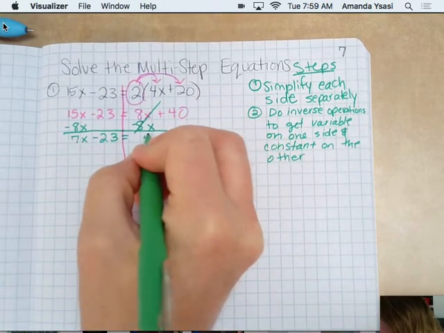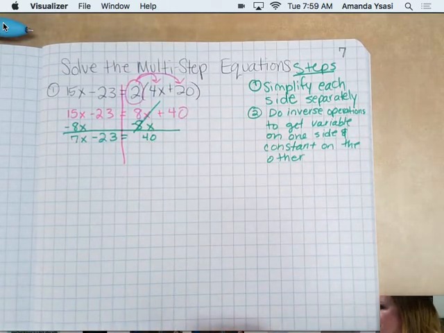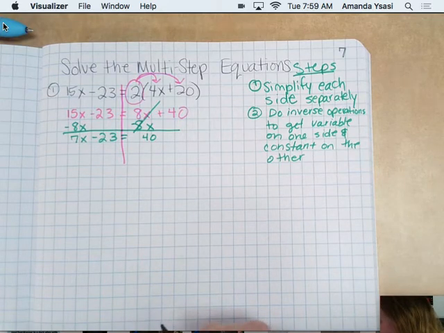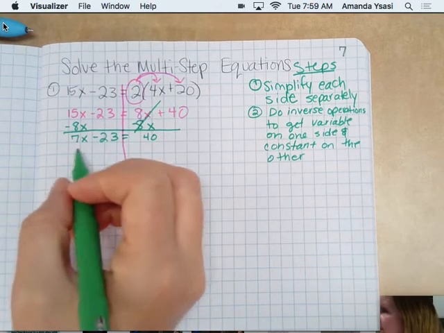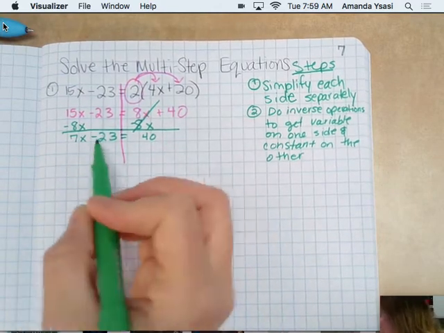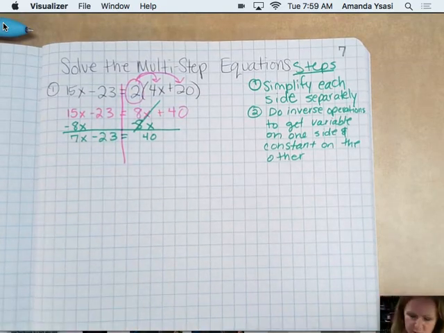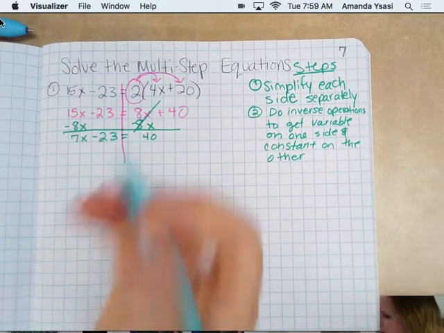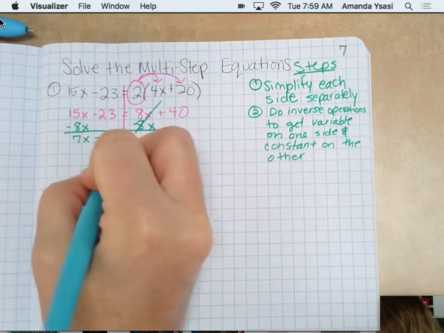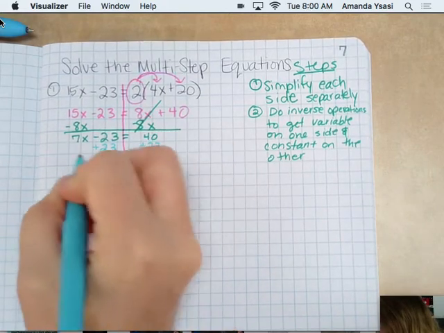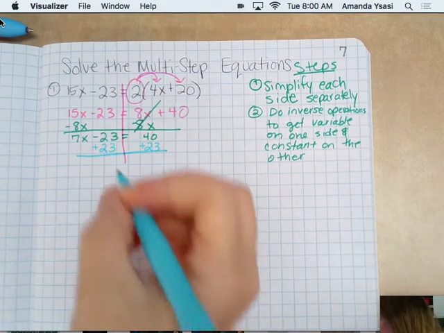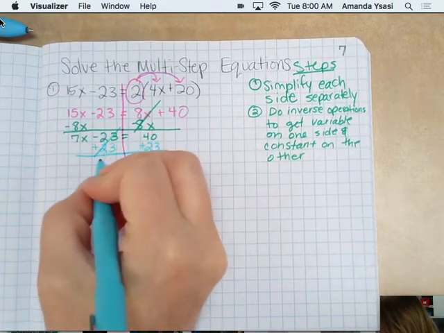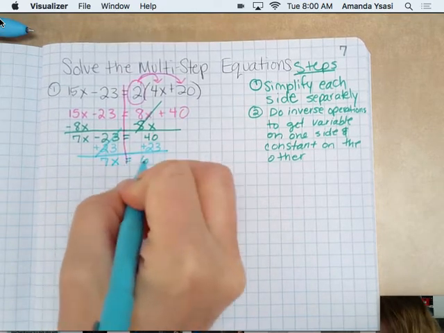So then we just carry down the 40. We still need to get the constant on the other side. So that means we need to move this minus 23. We would do the inverse, which would be plus 23. That makes 0. So we have 7x equals 63.